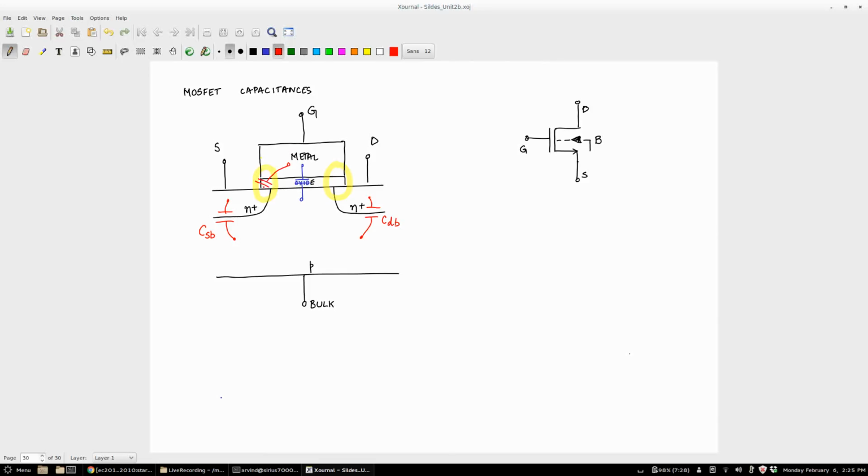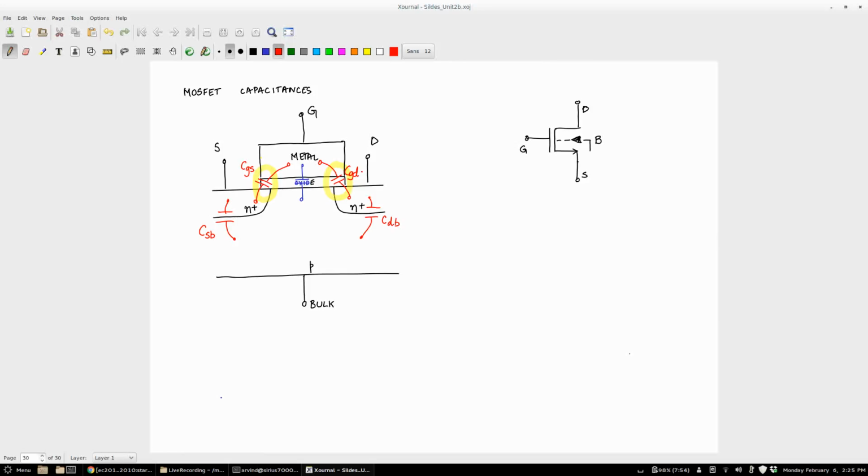You don't have access to this intermediate terminal, so people don't put that capacitance there. I'll change the color of that to blue. So that capacitance is not considered there.